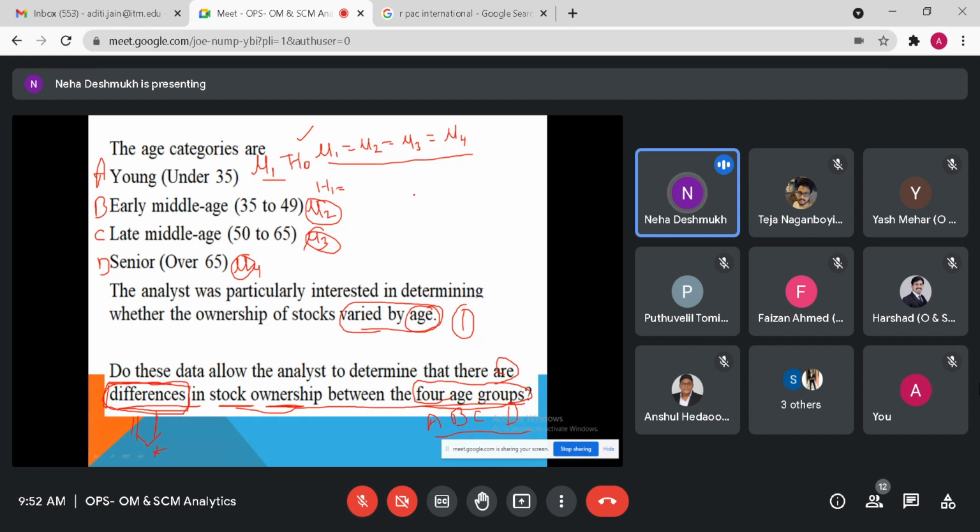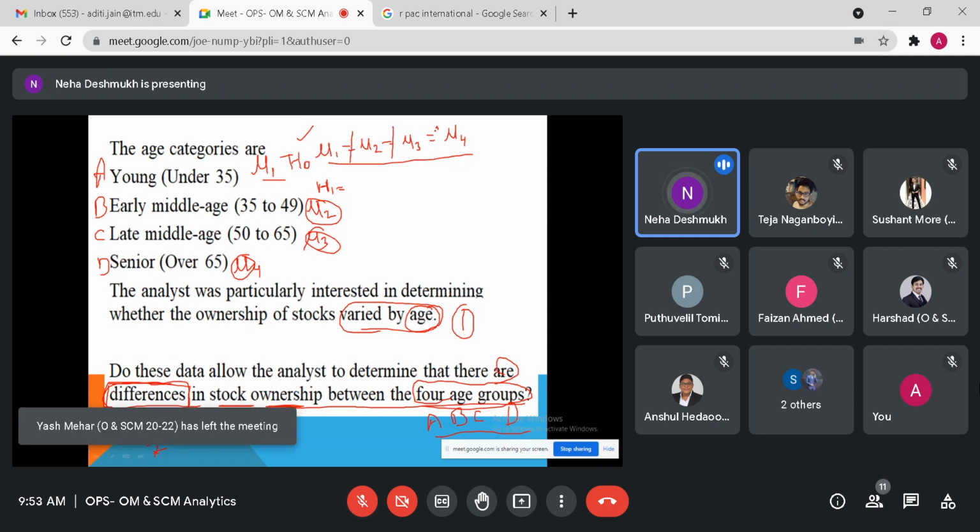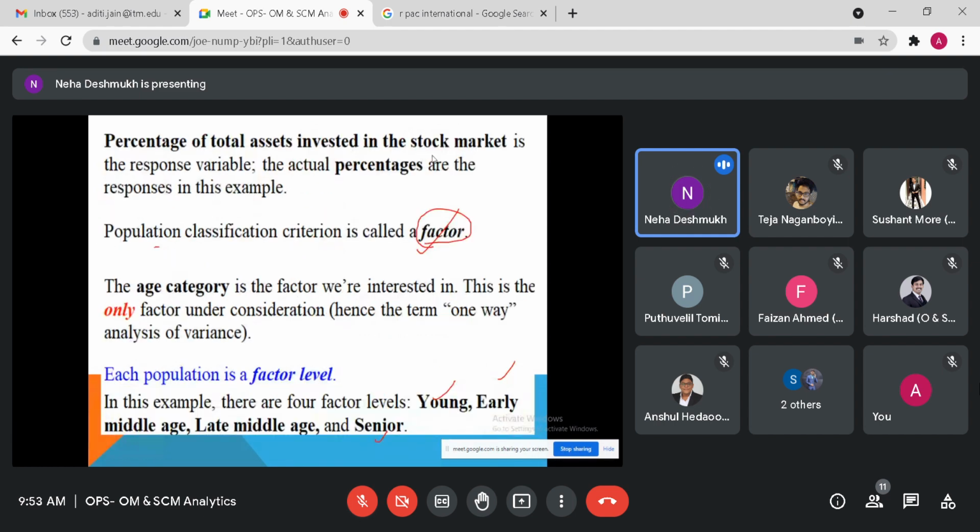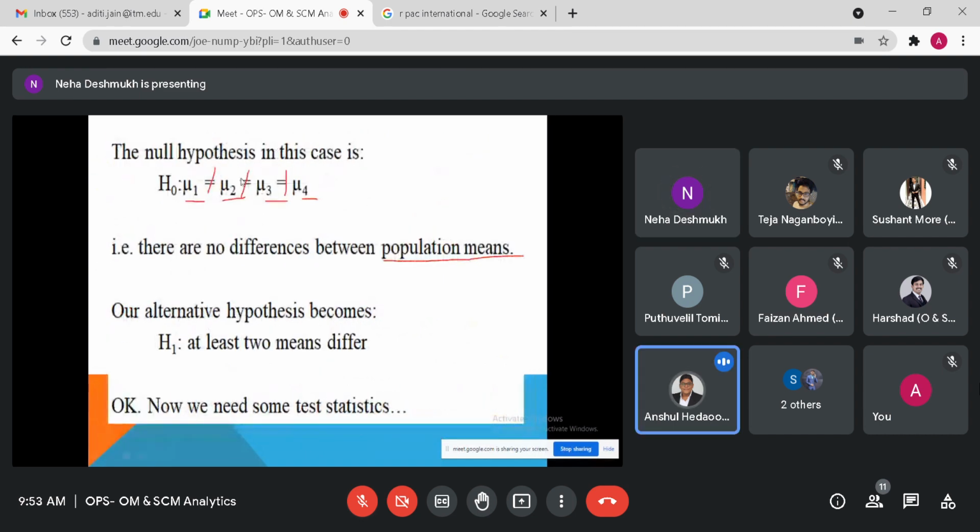Now, what should then be H1, the alternative hypothesis? There is some difference, or there is some variation between at least two averages. Either mu1 is not equal to mu2 or mu3 or mu4. Class, are you with me?